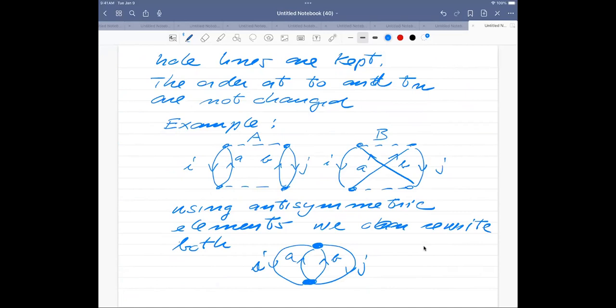So here we are looking at the direct element multiplied with the exchange element. Now, when we use anti-symmetrized matrix elements, these two give the same expression. So that means that I can go from this compact notation and I can open up this diagram like this, or I can open up like that.